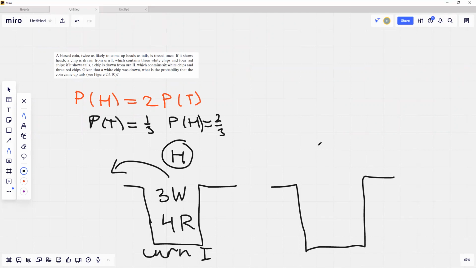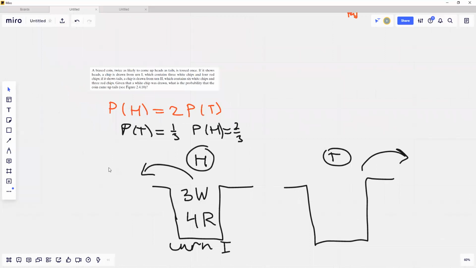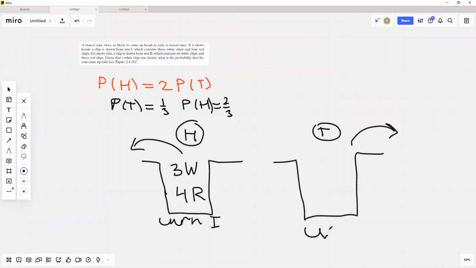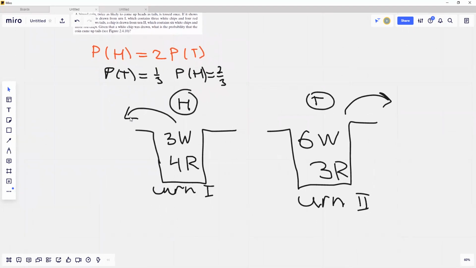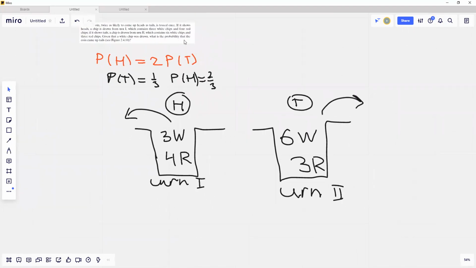If it shows tails, then our chip is drawn from urn number 2, which contains 6 white chips and 3 red chips. Given that a white chip was drawn, what is the probability the coin came up tails?